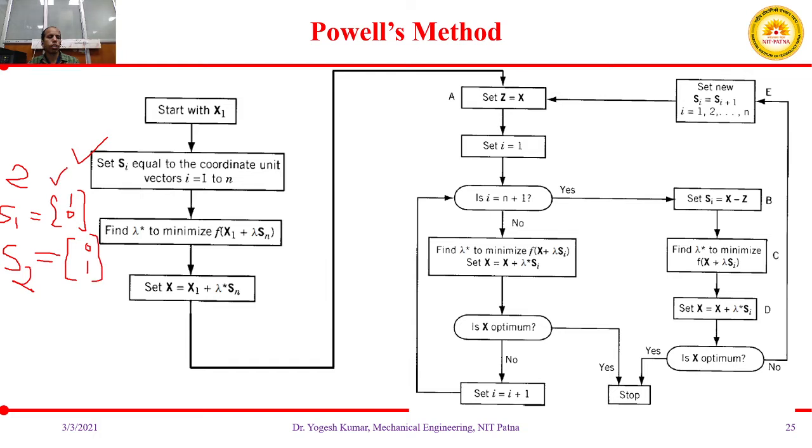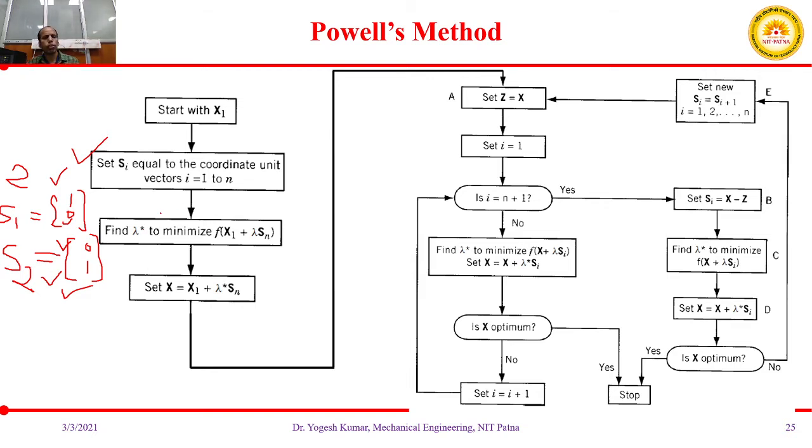This corresponds to an increment in x1, and this will correspond to an increment in x2. Similarly, in the second search direction, you have an increment in x1 as 0 and in x2 as 1.